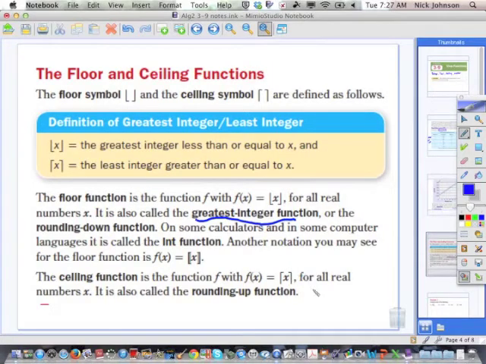The tabs are on top. For all real numbers x, it is also called the rounding up function. Tabs on top, you go to the next integer above it. As I had mentioned before, we had a ceiling function, and you go up, in my last example.